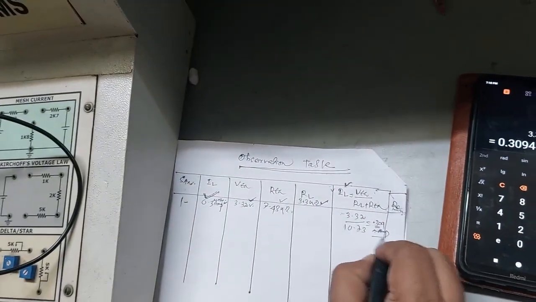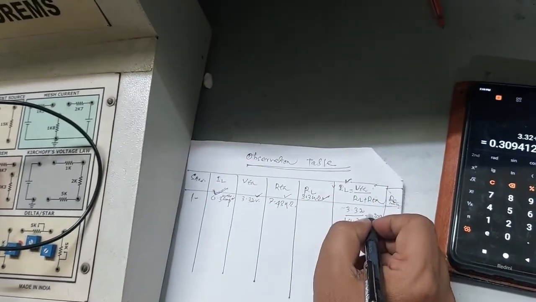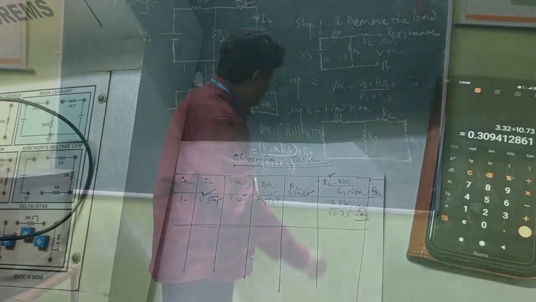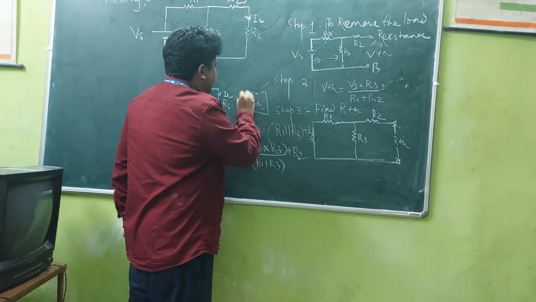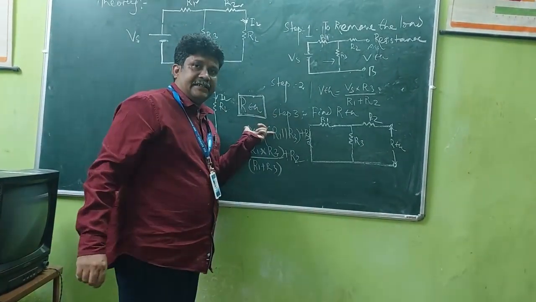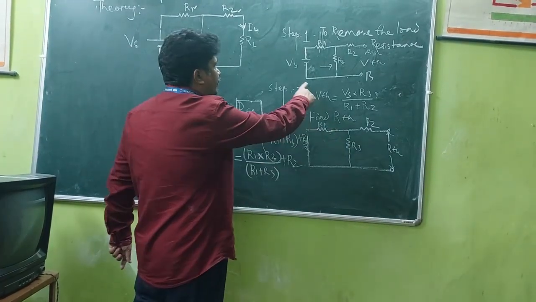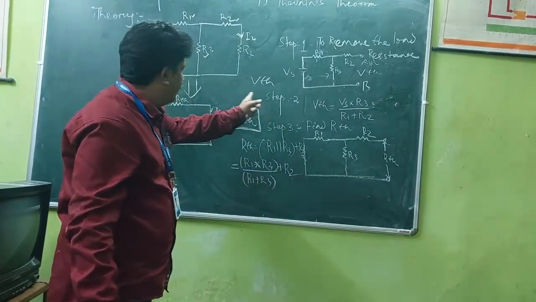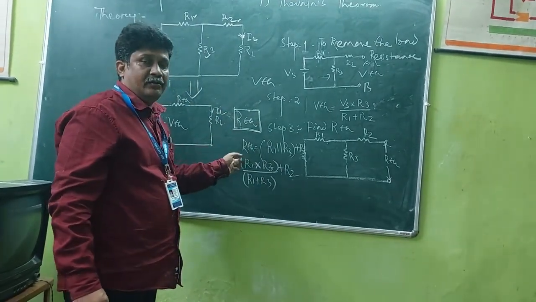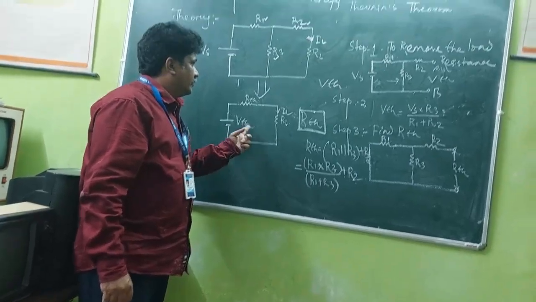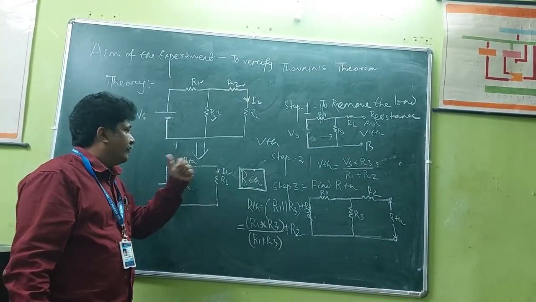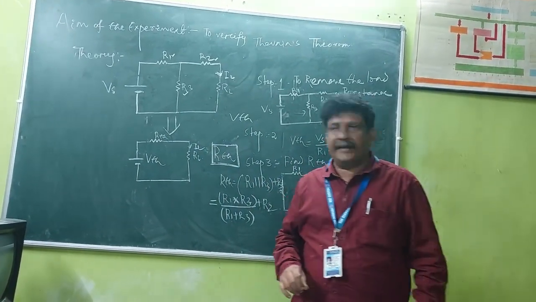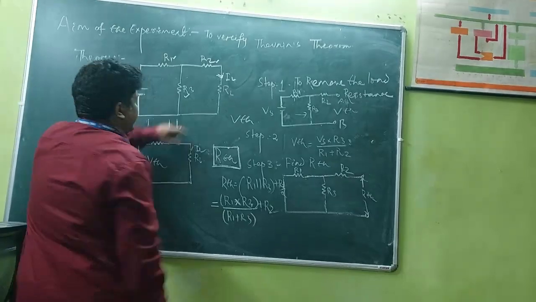So now we can find that this Thevenin's theorem is found to be correct, or totally verified. We have got the Thevenin's equivalent resistance RTH. We have got VTH, that is known as Thevenin's voltage, and we already have RL.